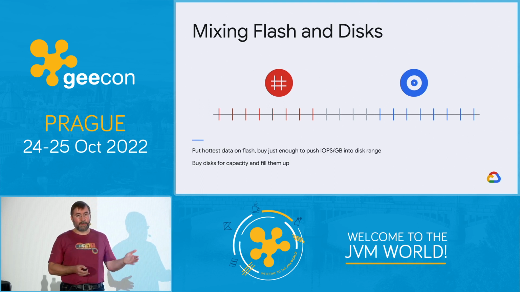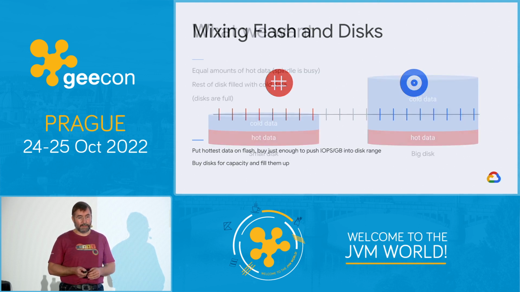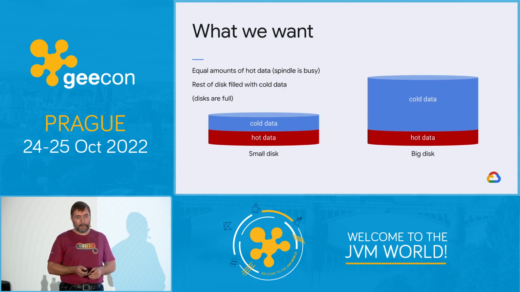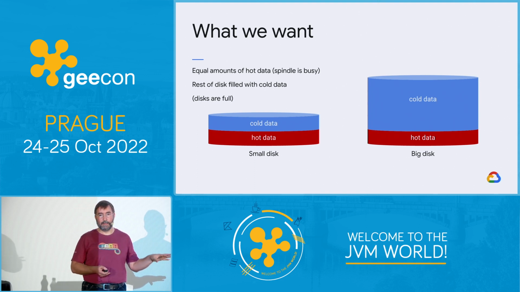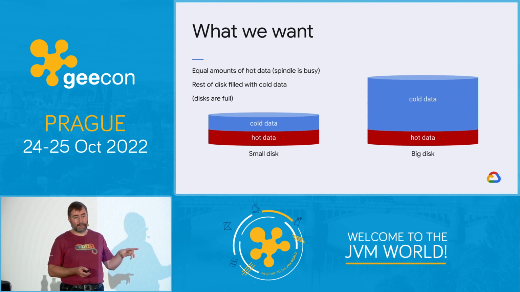Then the hot data should be available very quickly, and the cold data should just have the space to be stored. Typical disks come in different shapes, so you might have a small SSD disk, which is a lot of hot space that you can supply with I/O, and then you have a big disk, like a 10 terabyte disk, that will probably just be good as cold storage, or maybe even tape. Tape is very, very cold storage.